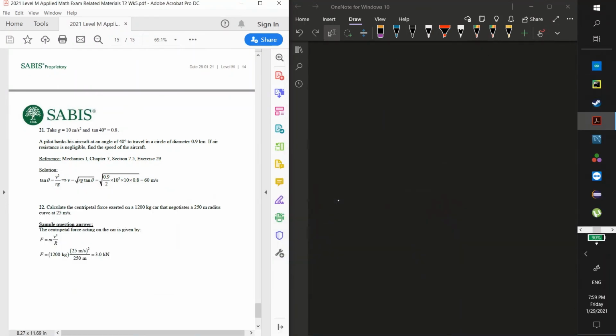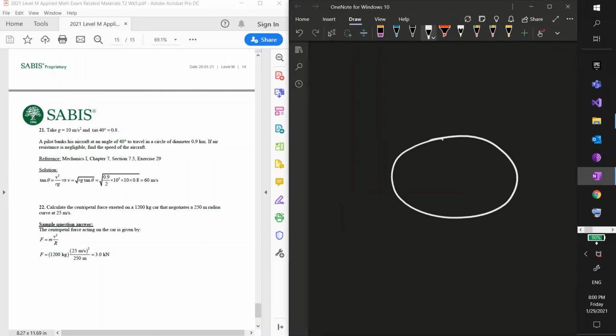Okay, so question 22, calculate the centripetal force. Centripetal force means you're moving in a circle. So you're moving on a circle, let's say in this direction. Your force is always going to be towards the center. This is called the centripetal force, Fc. And Fc is always equal to mv squared over r.